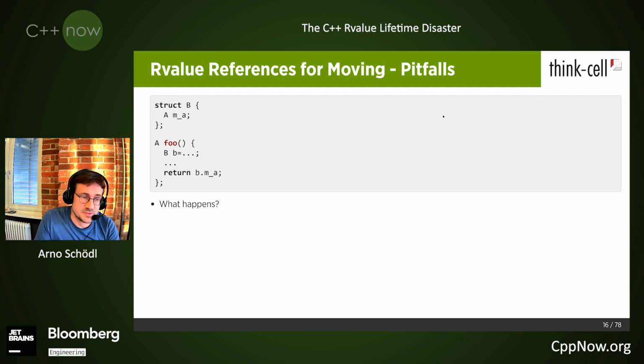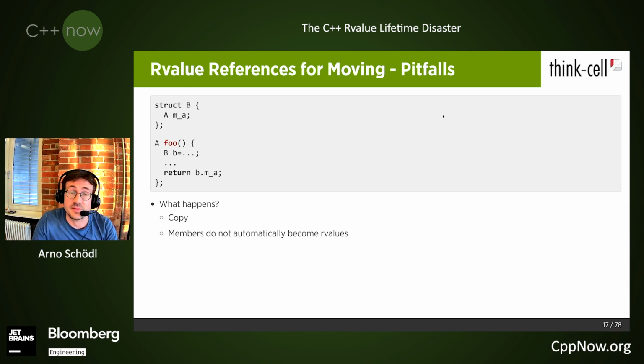Well, you don't. The members don't automatically become rvalues just because you write return in front of them. What you can do is write the move around the structure. And then the structure is an rvalue, and a member access to an rvalue is actually an rvalue itself. So in that case, you would actually get the move.